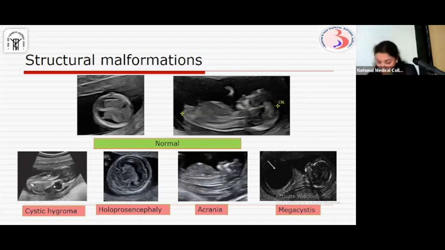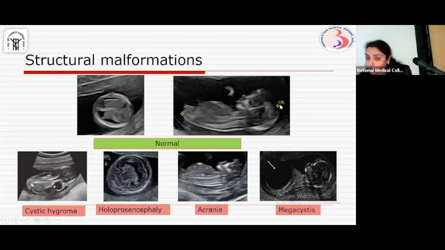If we are seeing a lot of fluid around the nape of the neck, in a baby in sagittal view, this is hydrops, or if there are septations, this is cystic hygroma. We don't need a fetal medicine specialist for this. We can do it on our own. Similarly, if we are seeing a large cystic swelling in the plane of the CRL, we are most probably dealing with megacystis, which can be easily diagnosed.